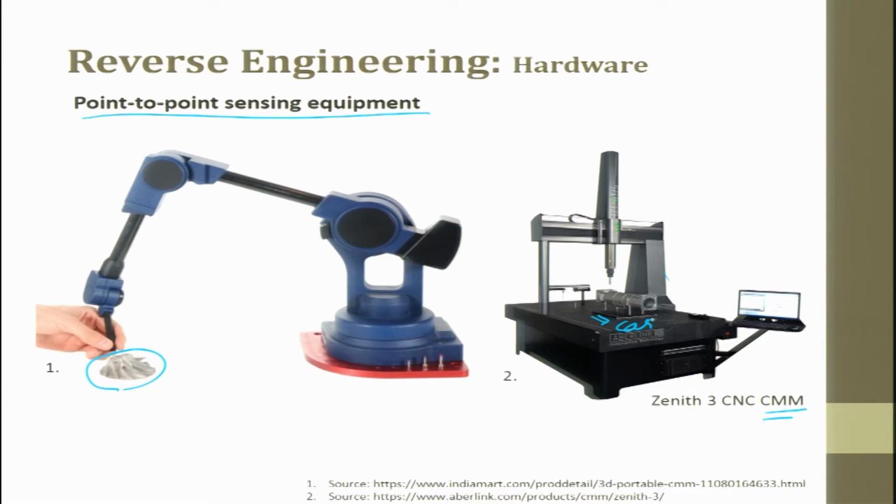What is the big advantage of this as compared to the normal conventional measuring instruments? You get all the data points with respect to one reference. So, the best part of a CMM is that all points are acquired with respect to one reference point.